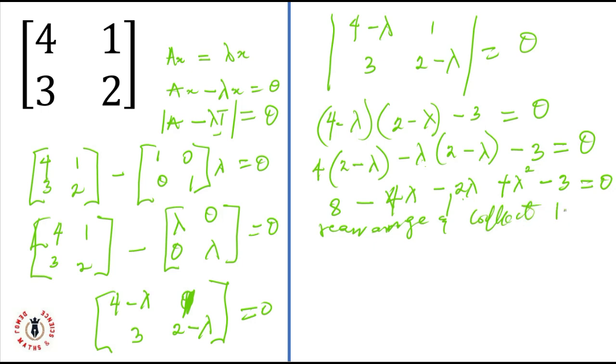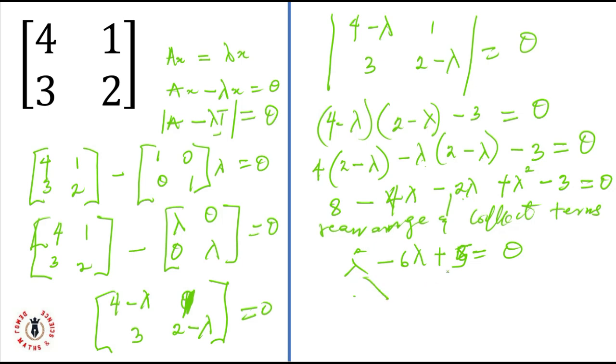I prefer to place my lambda squared in front. Minus 4 lambda minus 2 lambda is minus 6 lambda, plus 8 minus 3, that's plus 5, equal to 0. So lambda squared minus 6 lambda plus 5 is equal to 0.